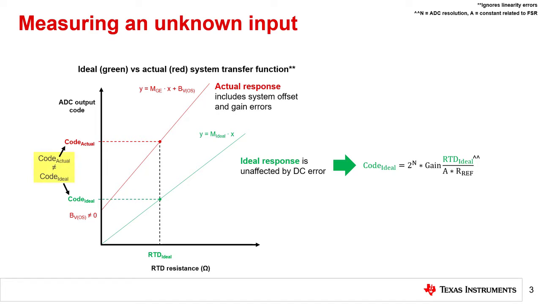When we apply the same unknown input signal to the system in red, the ADC output is given as code actual. Since the behavior of the actual system transfer function is unknown at this point, we assume it follows the green ideal response. However, it is clear that code actual and code ideal are not equal.